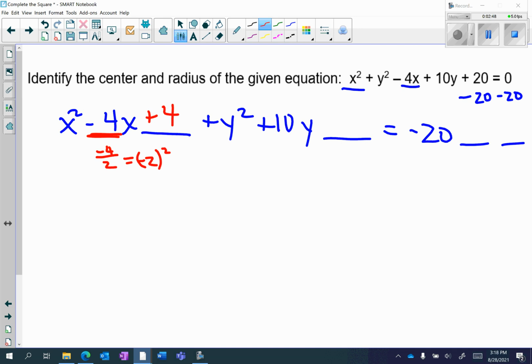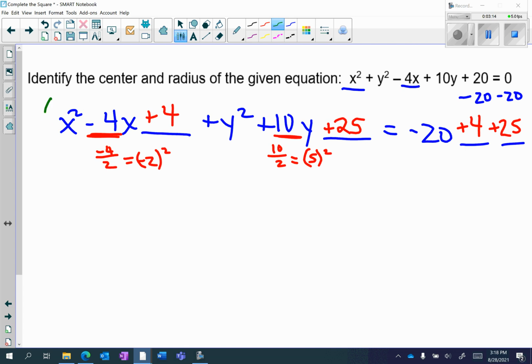The coefficient in front of y is 10, so I'm going to do 10 divided by 2, which gives me 5, and then I'm going to square it going back up, which is going to give me 25. 5 squared is 25. I added a 4 and a 25 on the left-hand side, so I have to add a 4 and a 25 on the right-hand side as well.